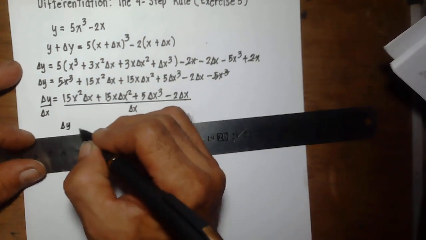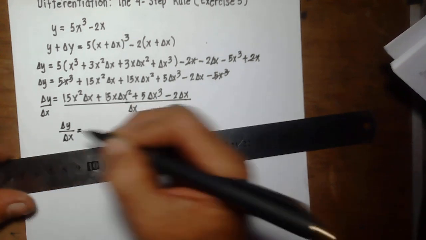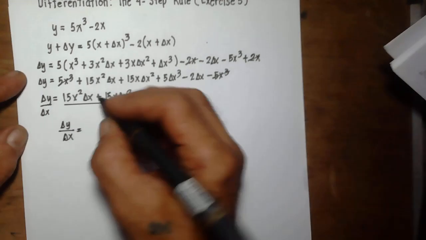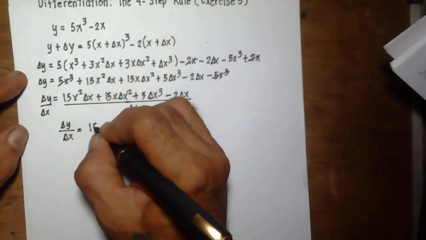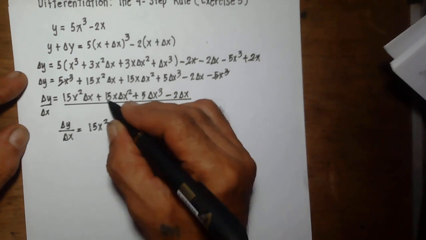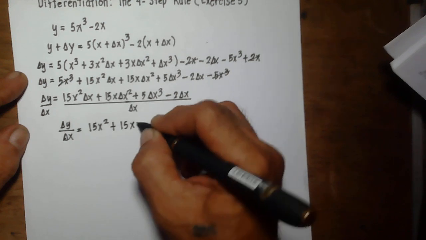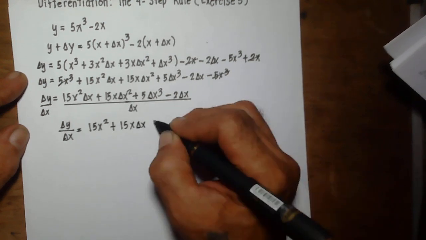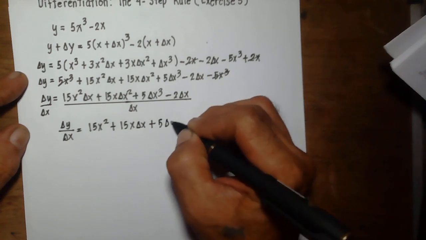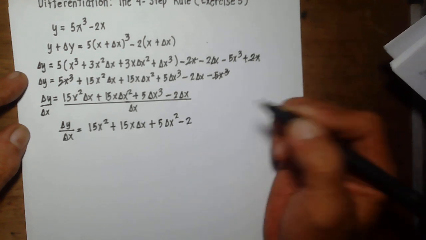Now we have delta y over delta x. We have 15x squared divided by delta x, so we have 15x squared plus, divide this by delta x, we have 15x delta x plus 5 delta x squared for this, and then we have a minus 2.